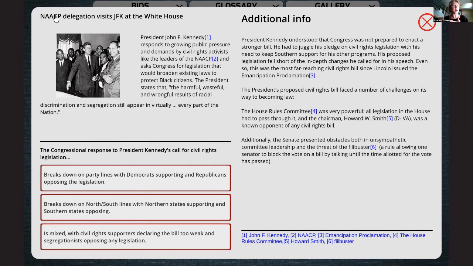But he can't make it happen, right? And this is that disconnect where our political campaigning process really does a disservice to people understanding how the process works, because Kennedy could make this impassioned plea and say he was going to support this, but then he can't make the leaders in the House or the Senate bring it to the floor, assign it to a committee, get it out of the committee, bring it to the floor for a hearing.